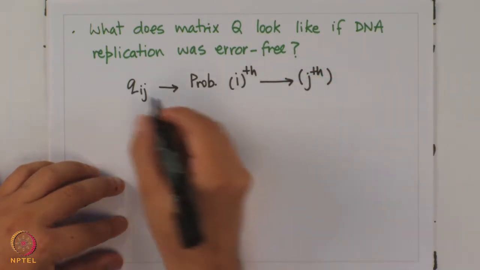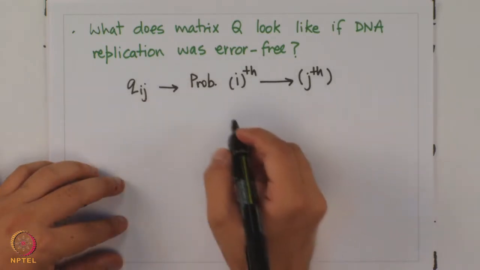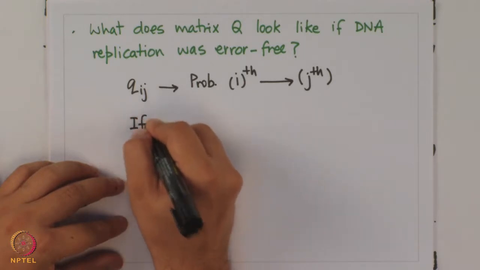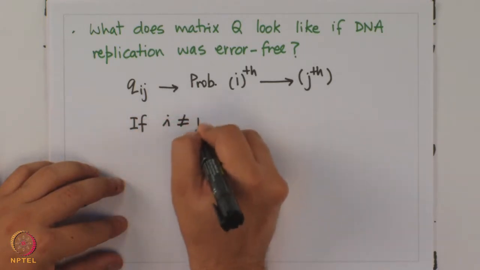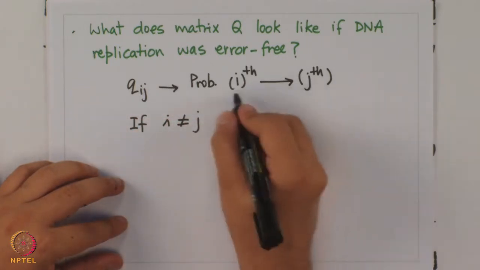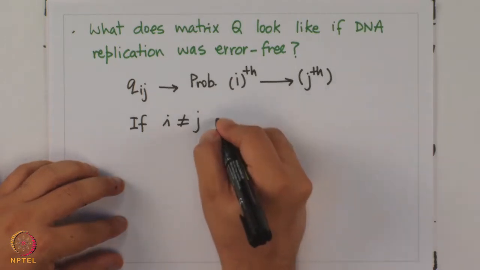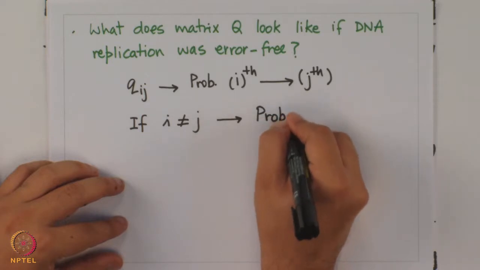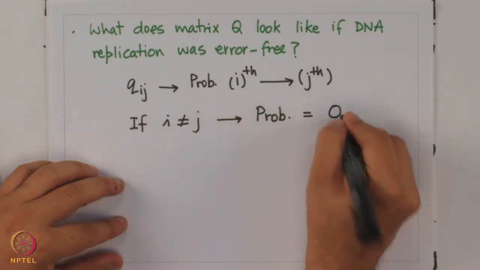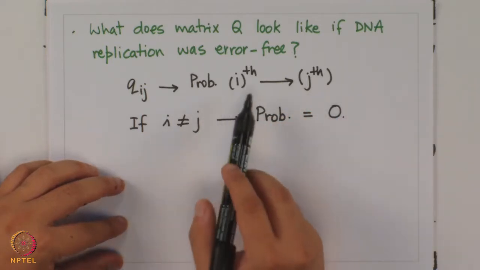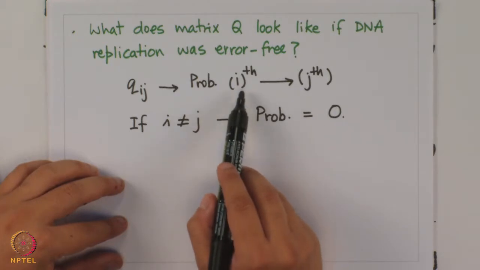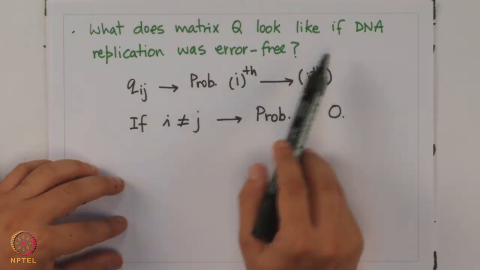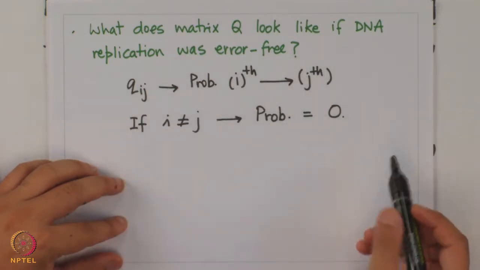Now, because replication is error free, if i is not equal to j, that means these are two distinct genotypes, then the probability associated with this transition is equal to 0, because there is no way my ith genome upon replication is going to give me the jth genome when the DNA replication is error free.